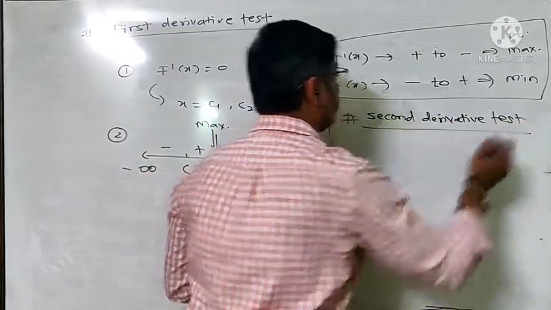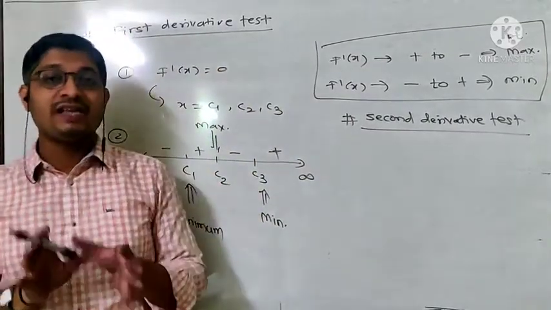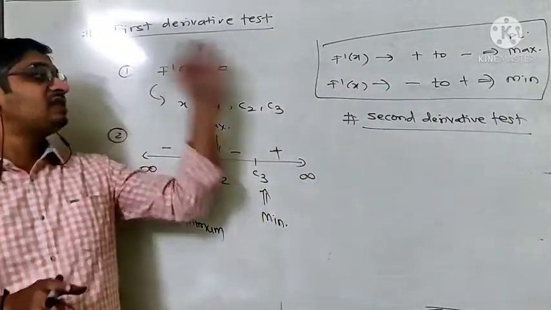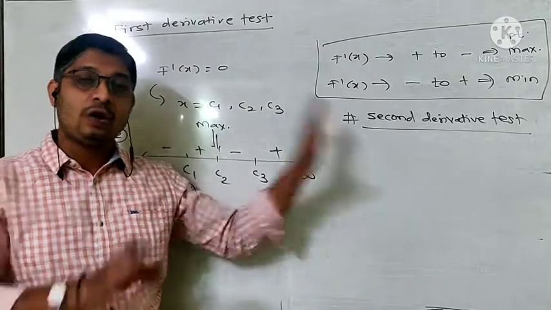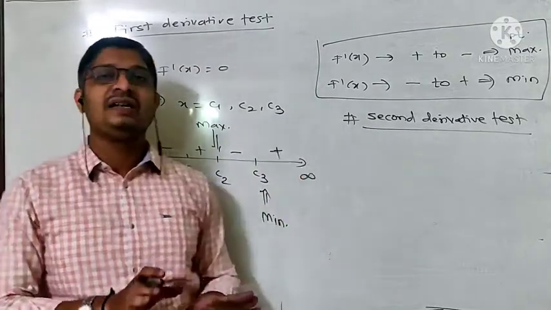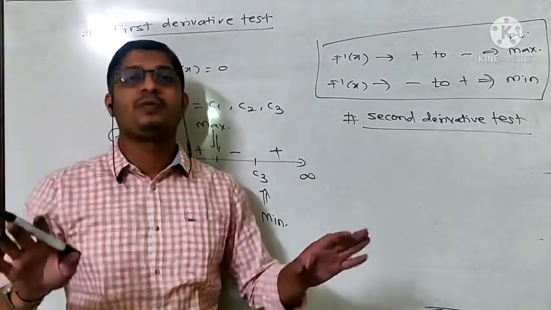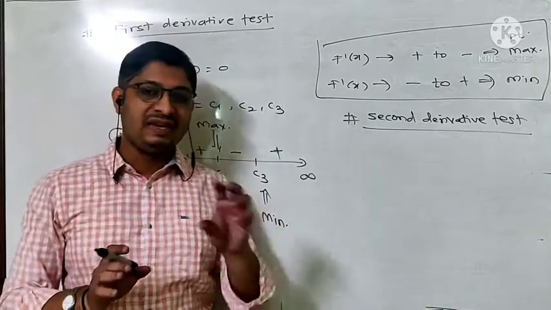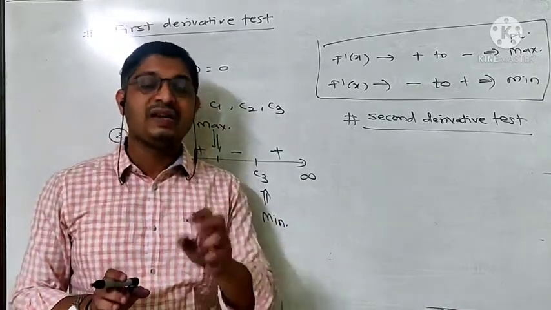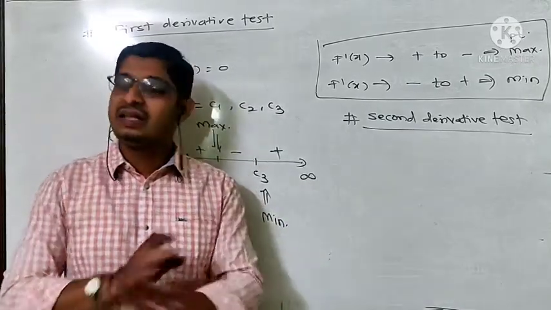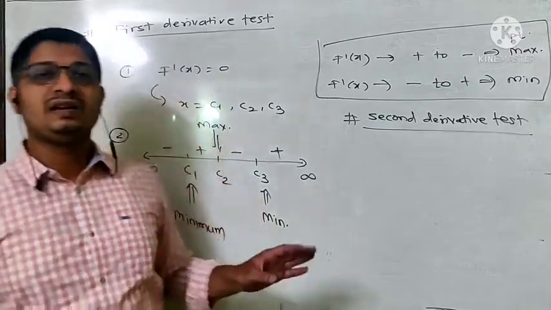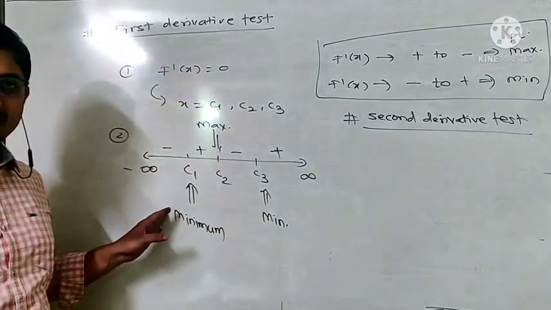If there is confusion while solving a problem between the first derivative test and the second derivative test, always remember the second derivative test is the proper method. It is a little bit lengthy, but it will give me the accurate result, and there will be no complicated thing like the wavy curve method.